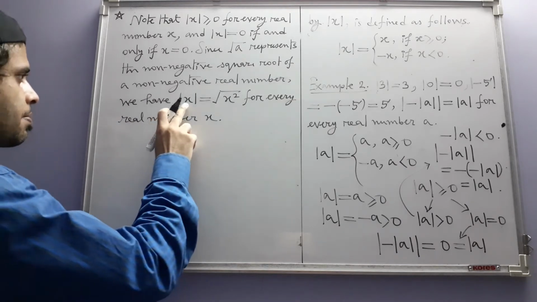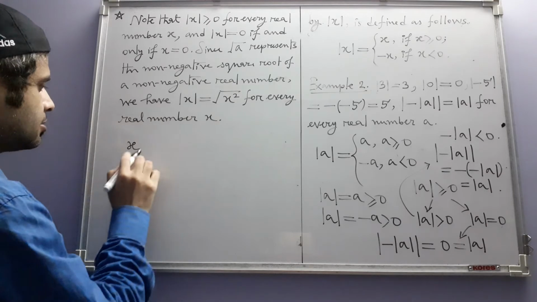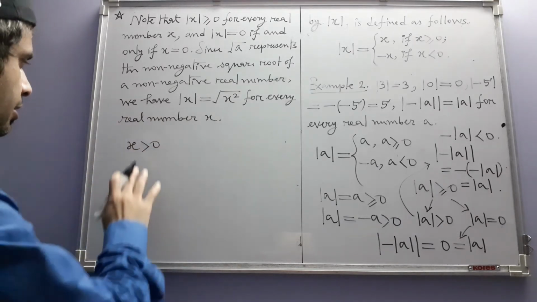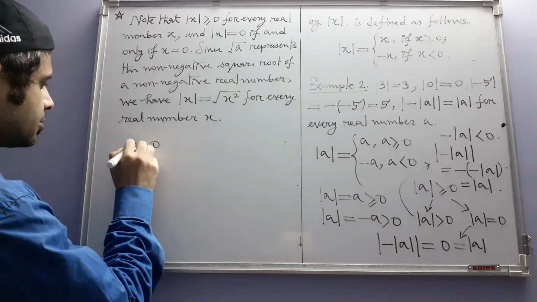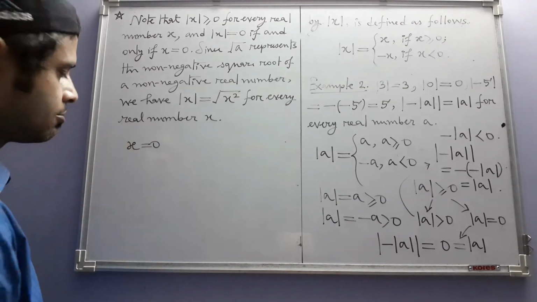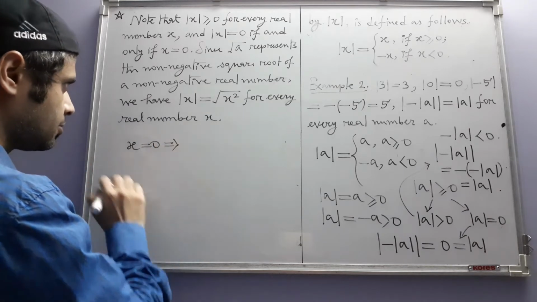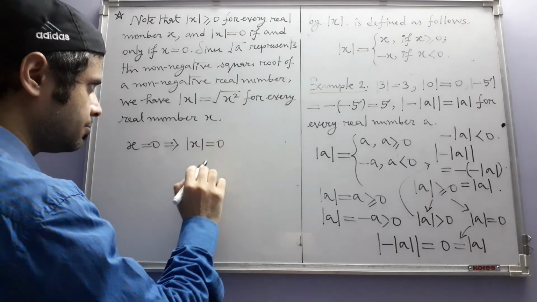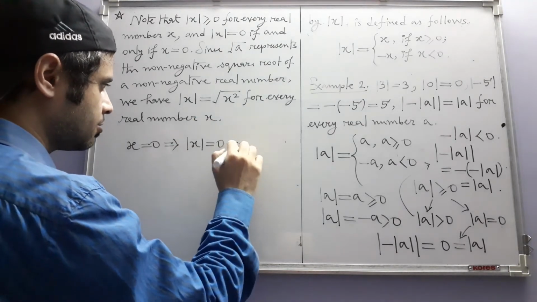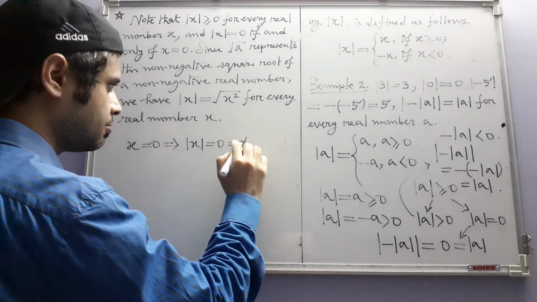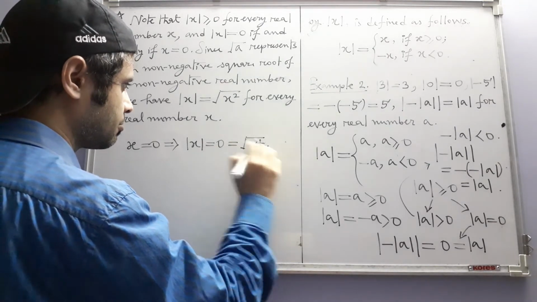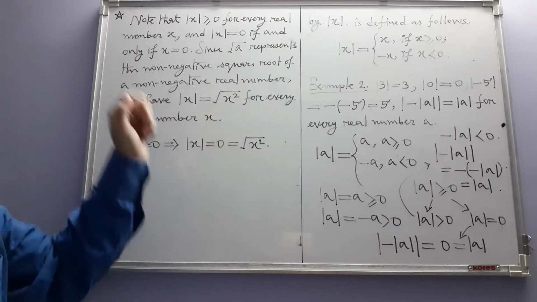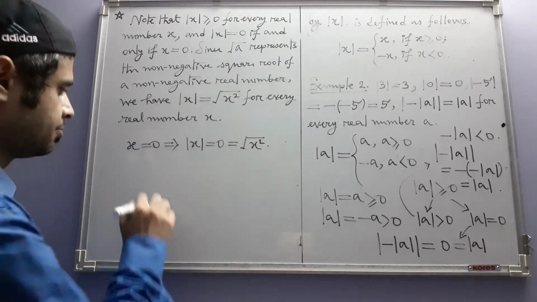Let us see the most trivial case. If x is equal to 0, then this by definition is 0, and this also is equal to 0. Why is this 0? By the way, what is the meaning of this square root of x square?